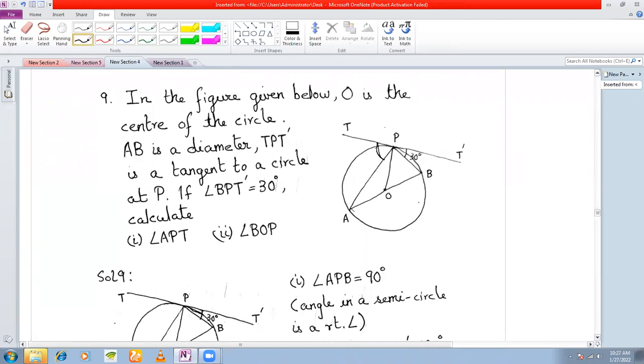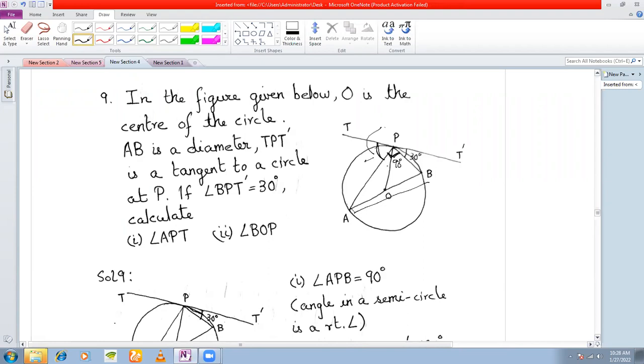Okay, first of all, as AB is the diameter, this angle here is the angle in a semicircle, so this angle must be 90 degree, right? If this angle is 90 degree and this angle is 90 degree, that means you can easily calculate this angle here, because this is an angle in a straight line.